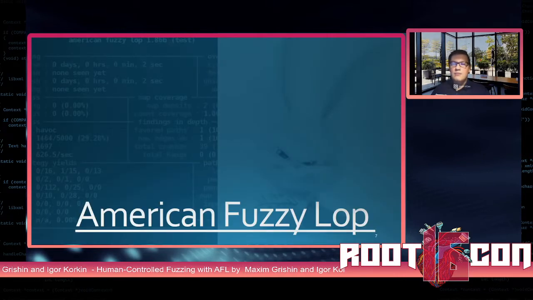Let's say a few words about AFL. This is American Fuzzy Lop, one of the most popular fuzzers. With its help, a large number of vulnerabilities were discovered. According to classification, AFL refers to white box, source-based, and feedback-driven fuzzers.